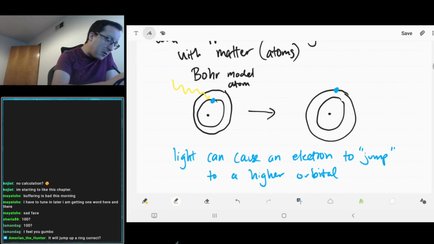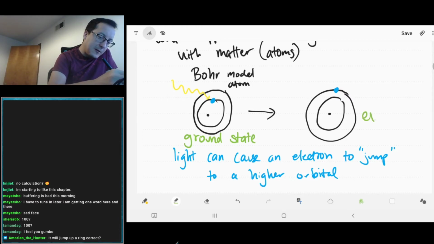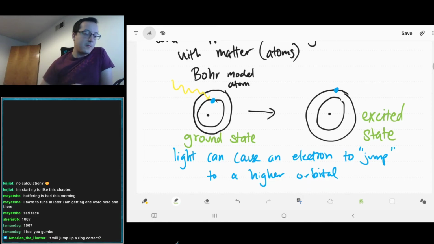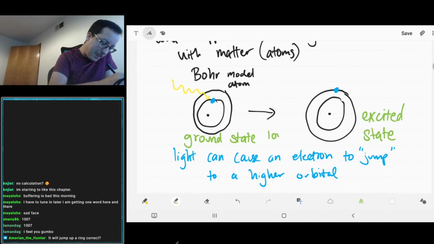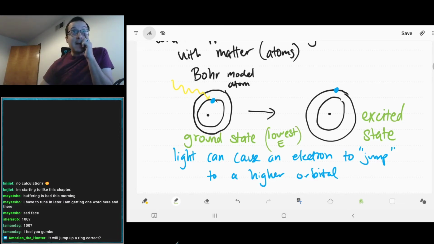This is, by the way, what's called a ground state. And this one is what's called an excited state. The ground state just means that it has the lowest energy that it could have.